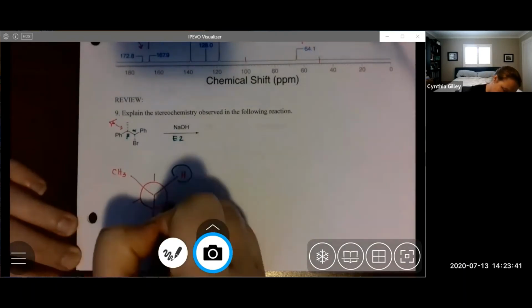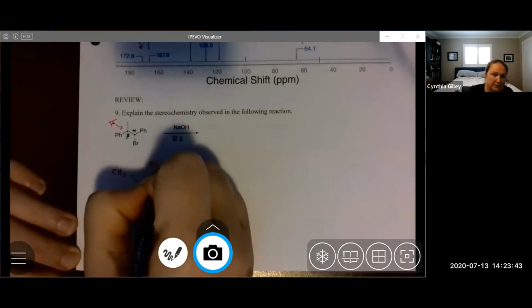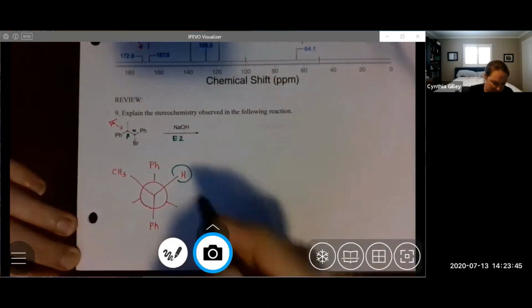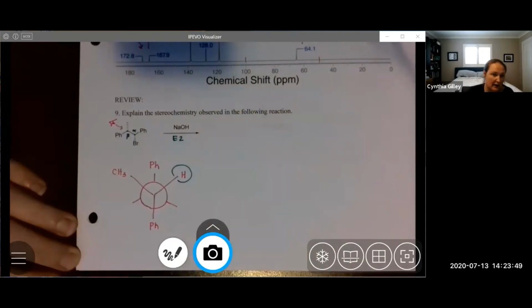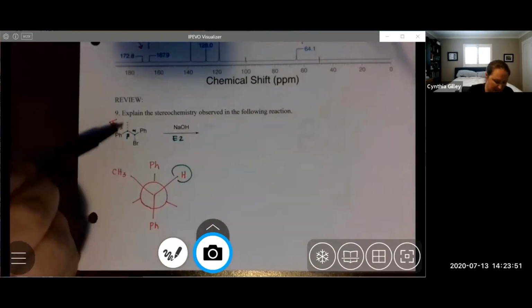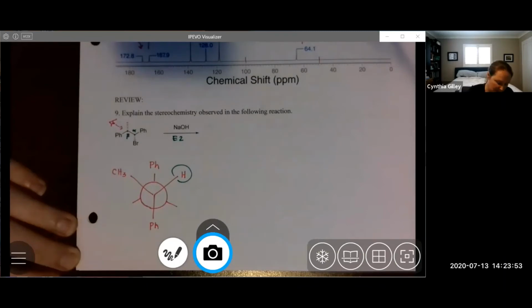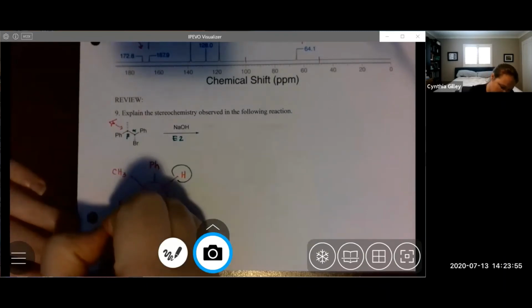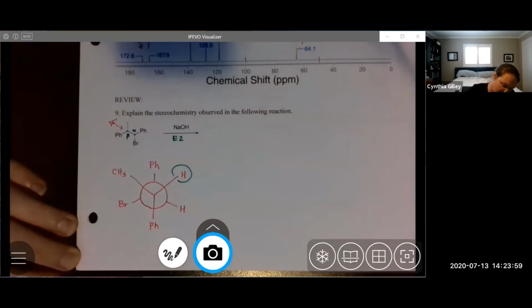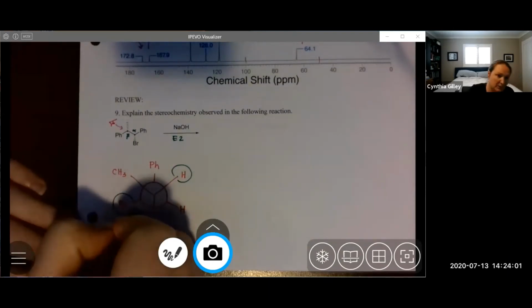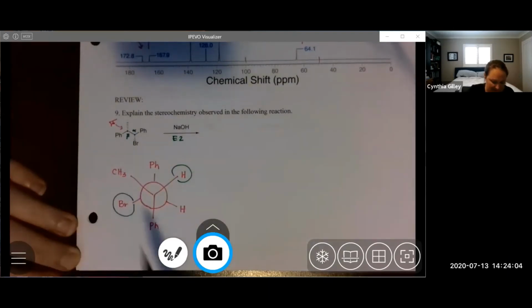On the alpha carbon, which is in the back, we have the phenyl group pointed straight up and in the same plane as the other phenyl group here. On the same side as the methyl pointed back is the bromine and another hydrogen here. I always like to circle the leaving group, which is the halogen, and then the hydrogen attached to the beta carbon that we'll be removing in the reaction.